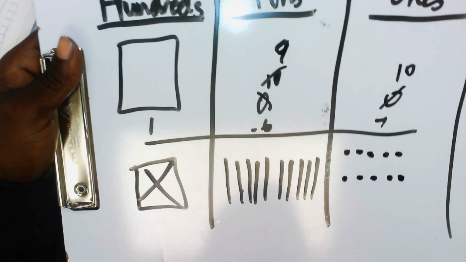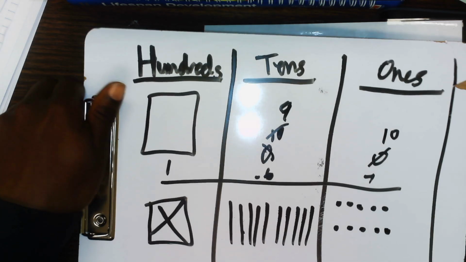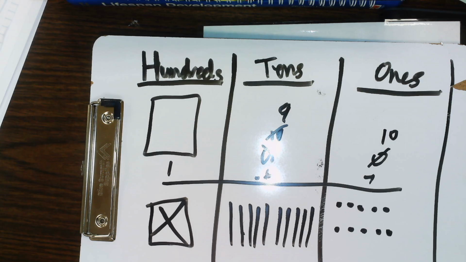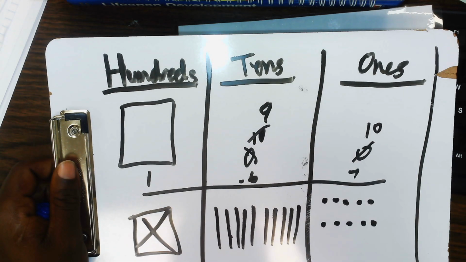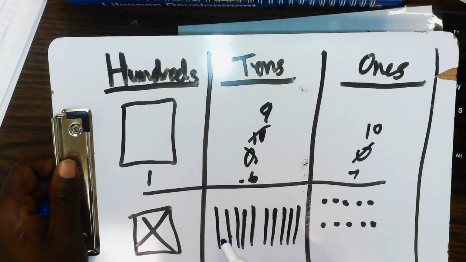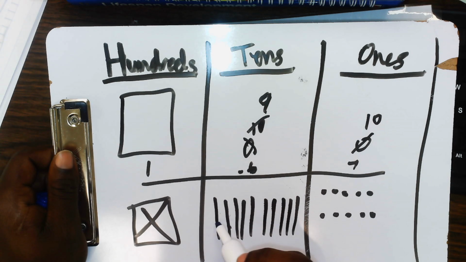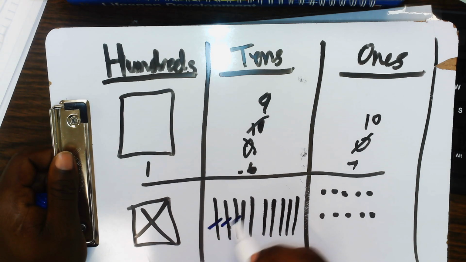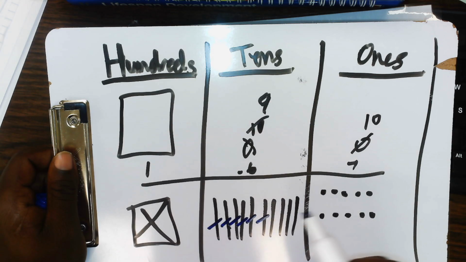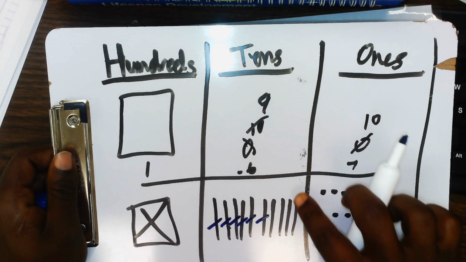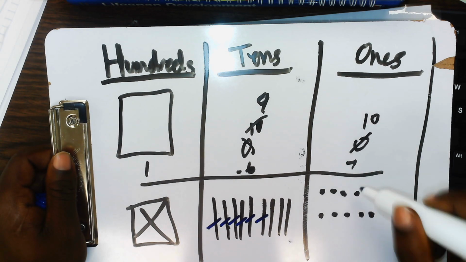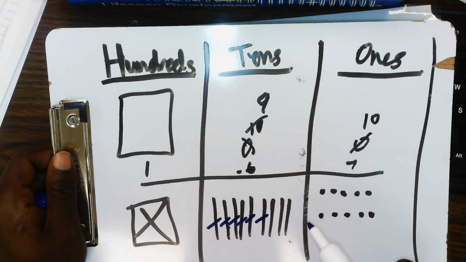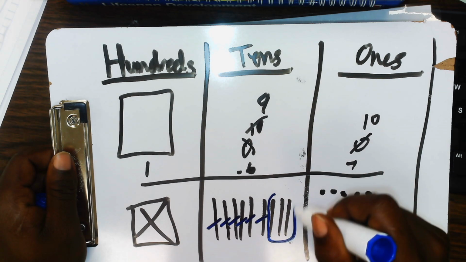Alright. Now it's our job to subtract. Now we got to figure out how to take these away and also be correct by taking them away and leaving what's left over. Okay, so 9 tens, take away 6 tens. I'm going to mark out the ones that we don't need. Alright. 1, 2, 3, 4, 5, 6. Should be 9 left over because we took one away and turned it into the ones place. It should be 3 left over right here.